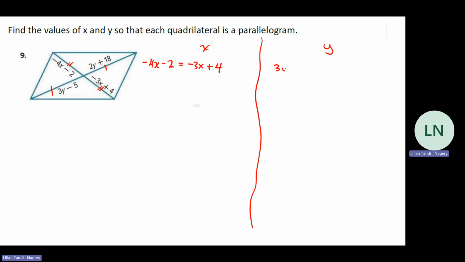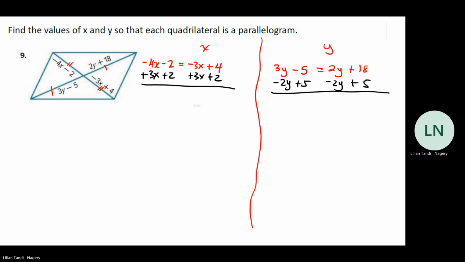And then here 3y minus 5 is equal to 2y plus 18. Now plus 3x, plus 3x, plus 2, plus 2. And then here minus 2y, minus 2y, plus 5, plus 5. This goes, this goes. Negative x is equal to 6.